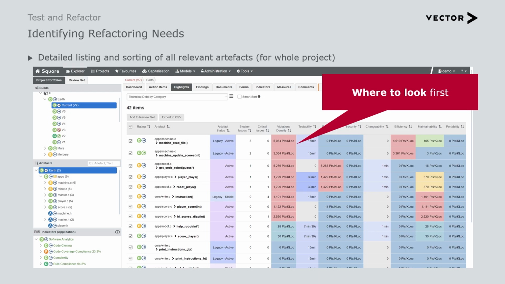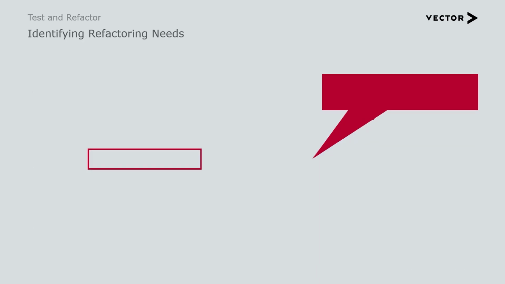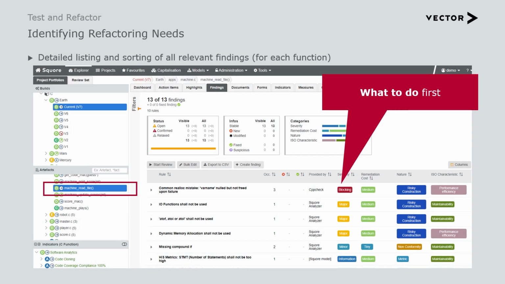And then when we know where to look first, we can also take a detailed look at this and see what we have to do first. So we can break down the findings to algorithmic artifacts or test cases or requirements.